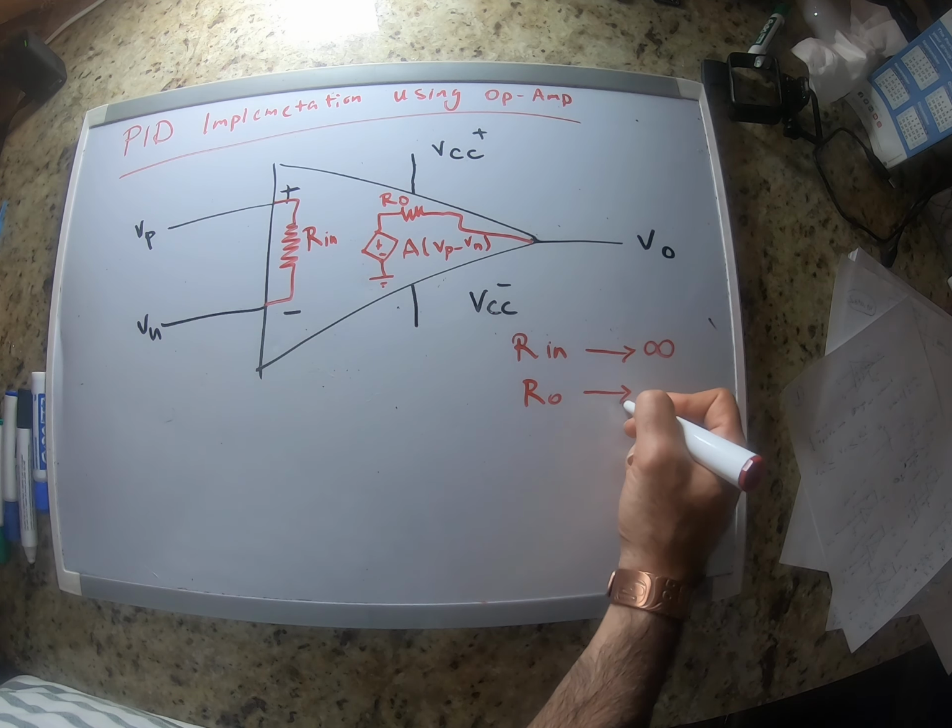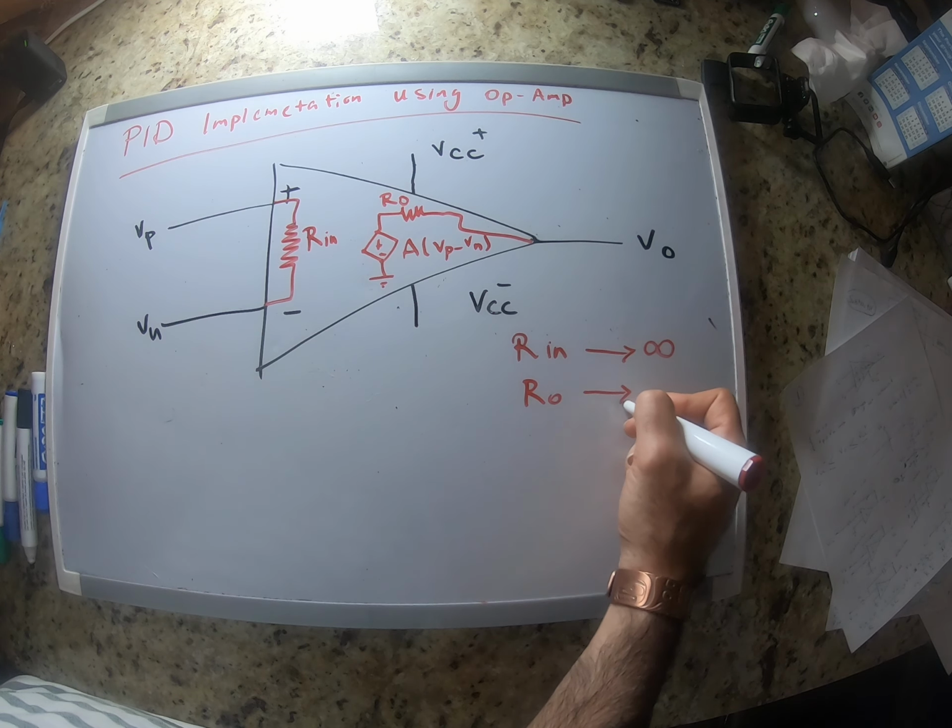Because the input resistance is very large, we can assume that the input current that goes through the resistor is very small. So for both of them, let's call this I sub N positive and I sub N negative, both of them are close to zero.